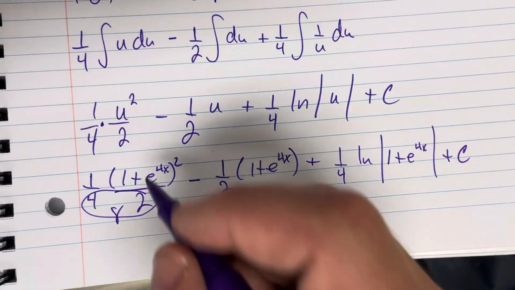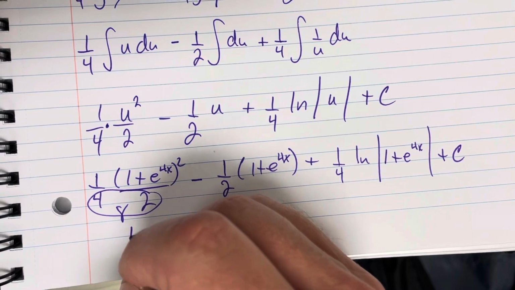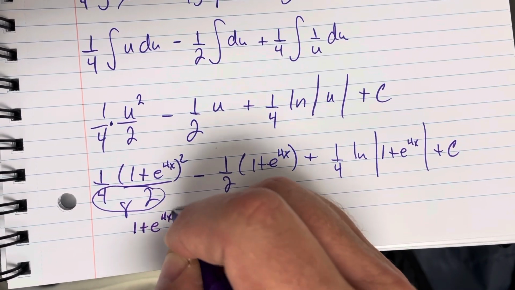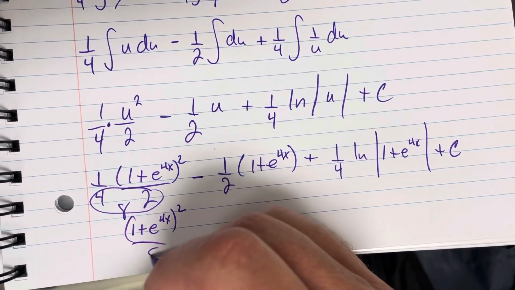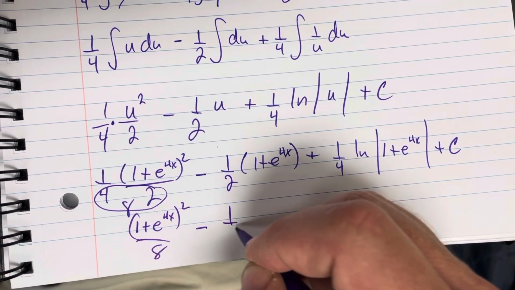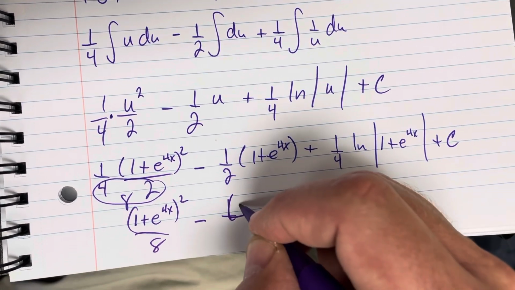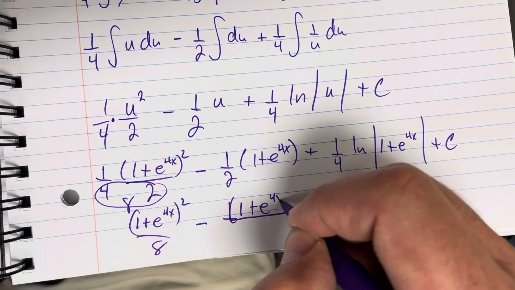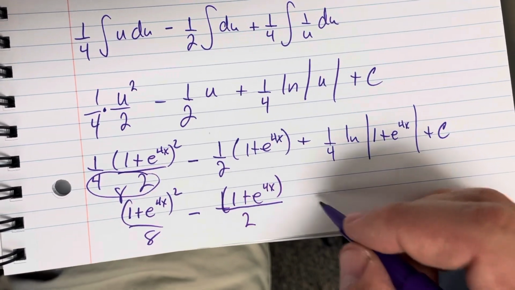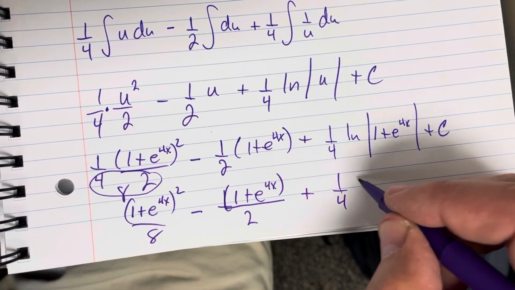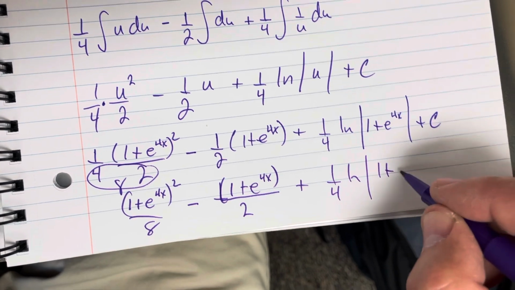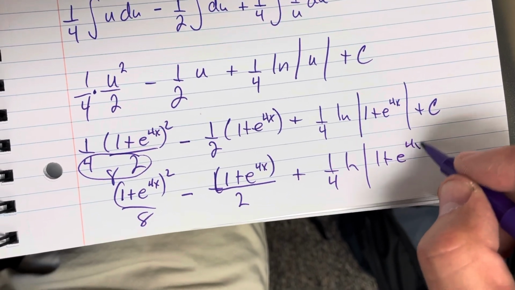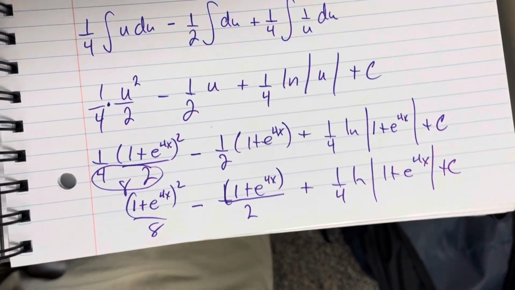Okay, now I'm going to have 1 plus e to the 4x squared over 8 minus 1 plus e to the 4x over 2 plus the 1/4 ln 1 plus e to the 4x plus c.